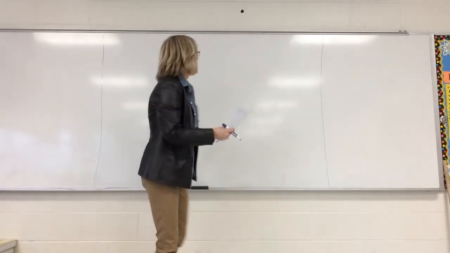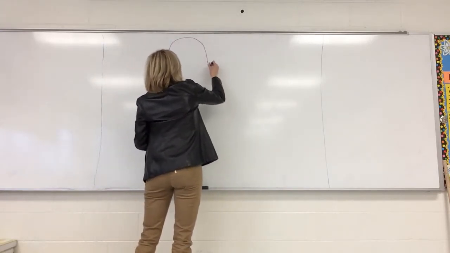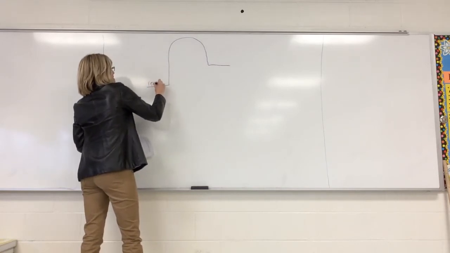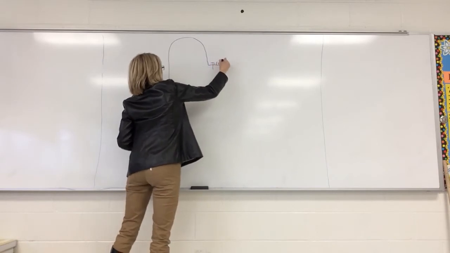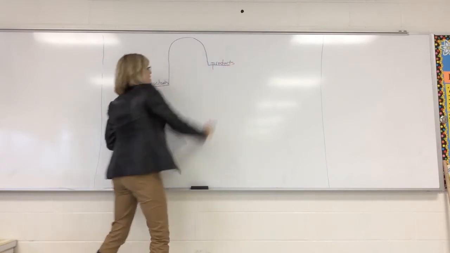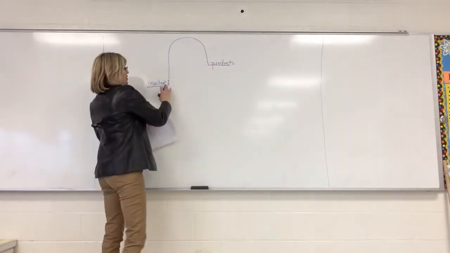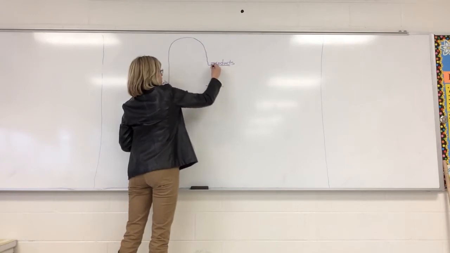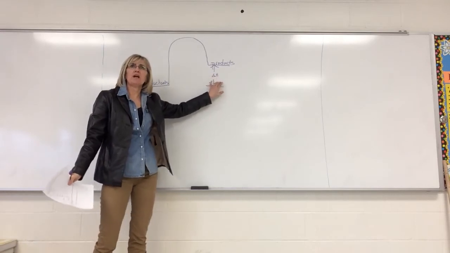Now, let's be able to identify points on this graph. The net energy right here is the delta H. The delta H is the enthalpy of the reaction.